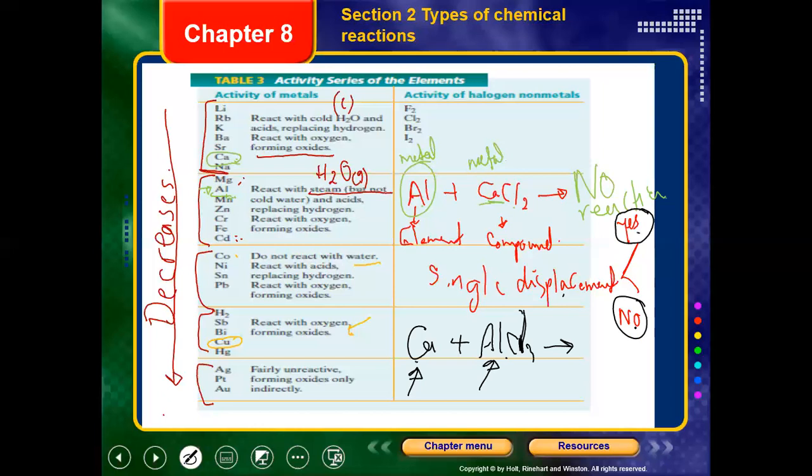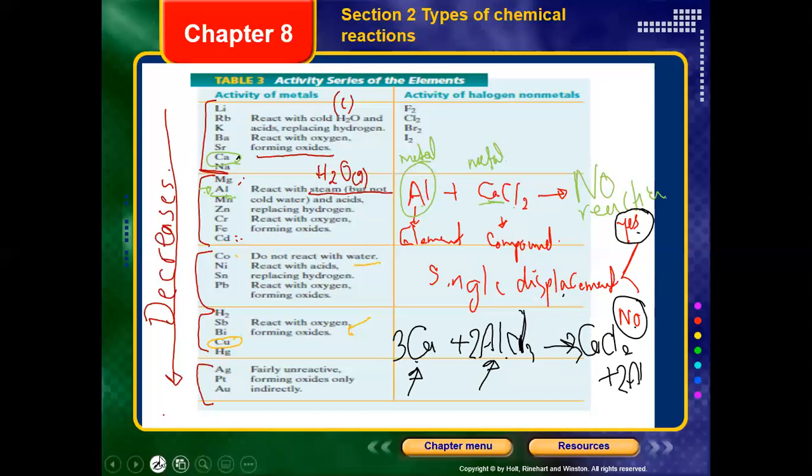I decide based on the reactivity series. Calcium is more reactive than aluminium, so yes, it can replace the aluminium: CaCl2 plus Al. Then multiply by 3 and by 2 on the sides to balance the chemical equation.